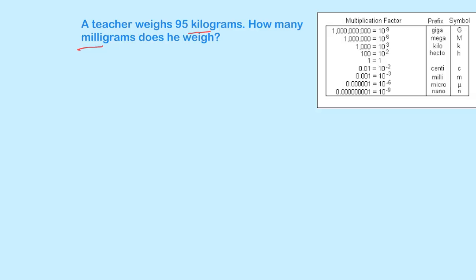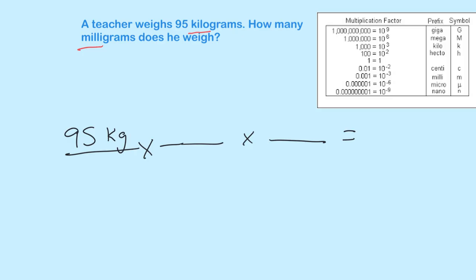So in this problem, we're going to have to do something known as a two-step dimensional analysis problem. So let me show you how this works. We're going to start with our given amount, as always, and kilograms, the short version, is kgs. And I'm going to set up a double multiply. It's going to seem like this might be more complicated. It is a little bit, but it still works the same way. So again, whatever unit is there needs to go there.